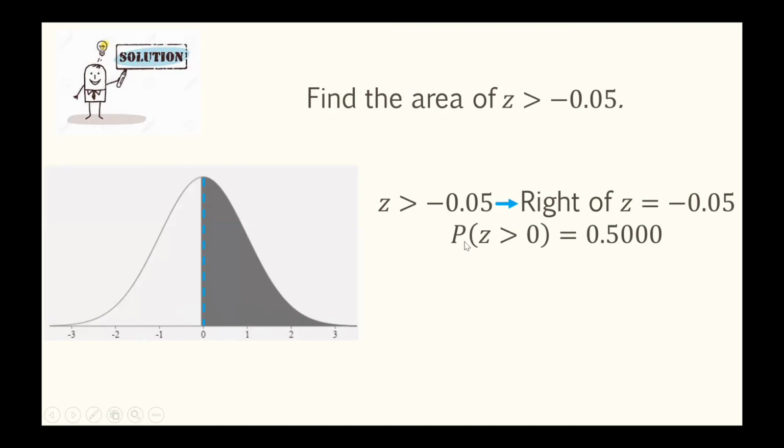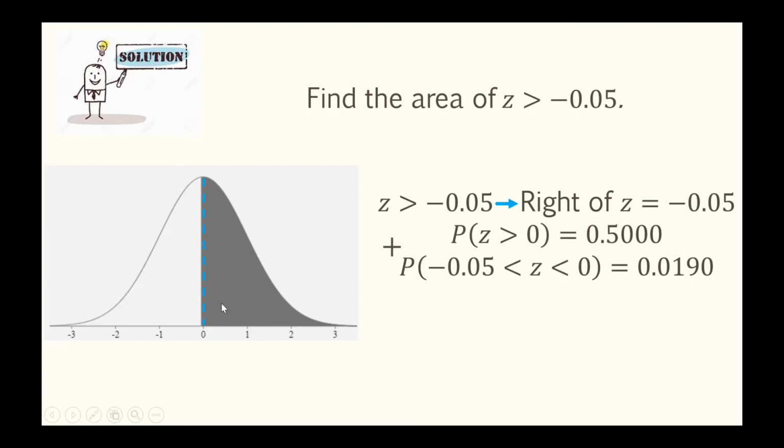We all know that the probability of z greater than 0, or to the right side, that is 50% or 0.50. We're going to get the probability from negative 0.05, kaunti lang yan, to 0. And from the table of z, that is equal to 0.0190.